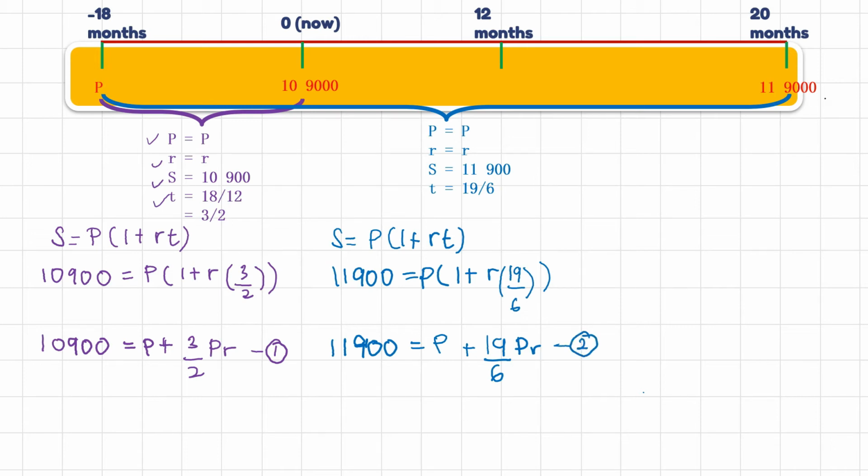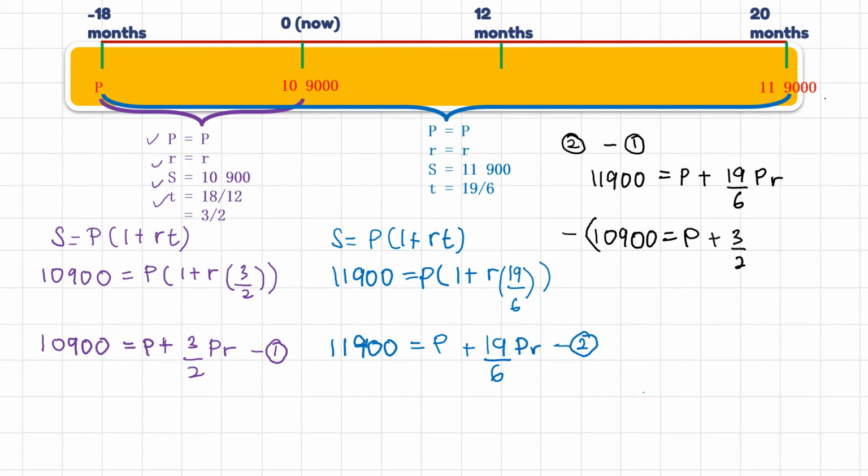Next, what we are going to do is subtract the equations, equation 2 minus equation 1. Let's write it as 11,900 equals P plus 19 over 6 PR, minus 10,900 equals P plus 3 over 2 PR.